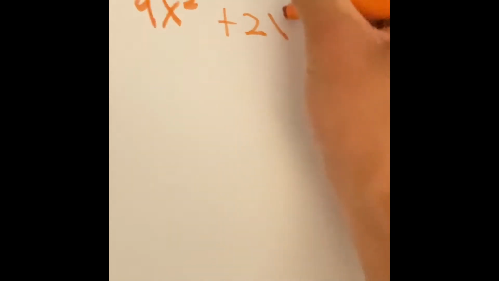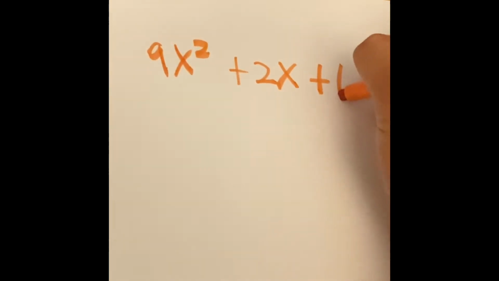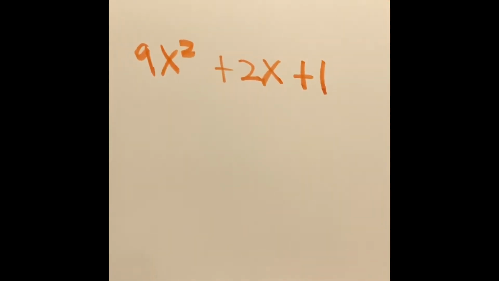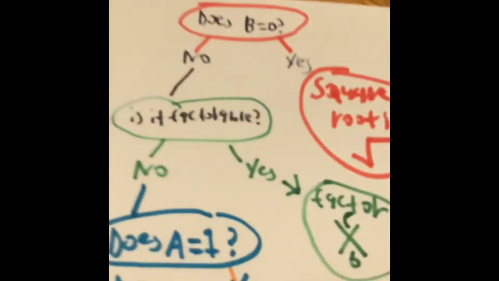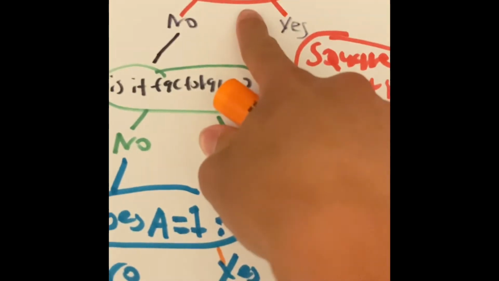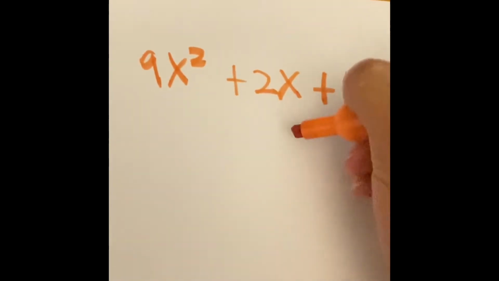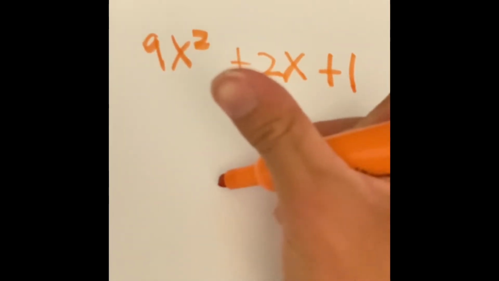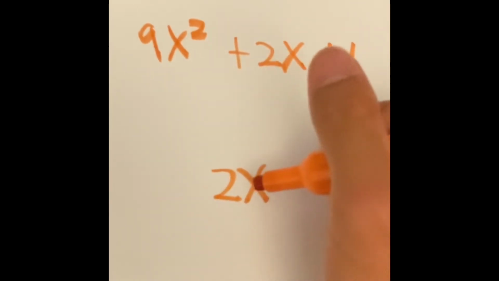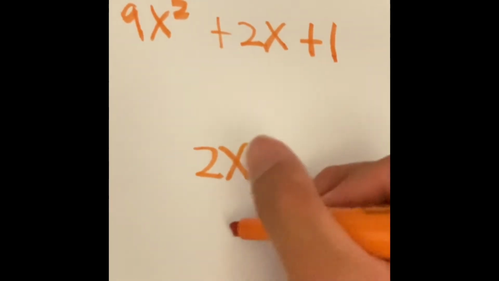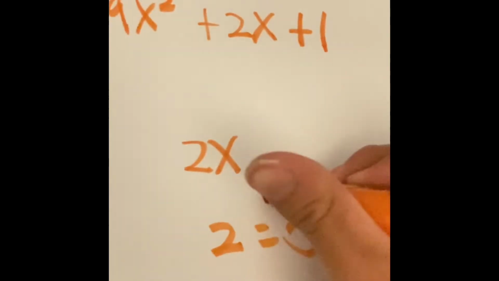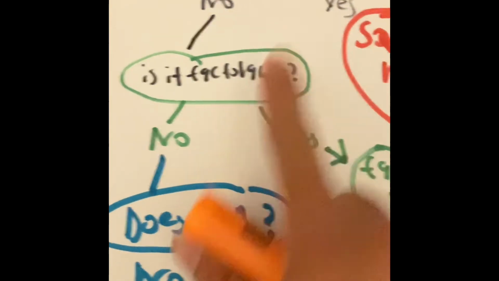What happens if we have 9x squared plus 2x plus 1? That is a quadratic trinomial. Let's get started. Does b equal 0? Here is our b value, 2x. Well, 2 does not equal 0. No way! So we move on to the next one. Is it factorable?